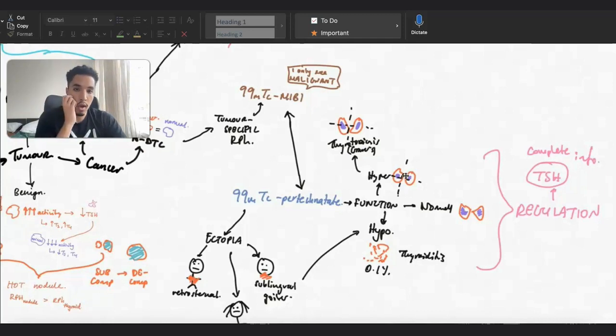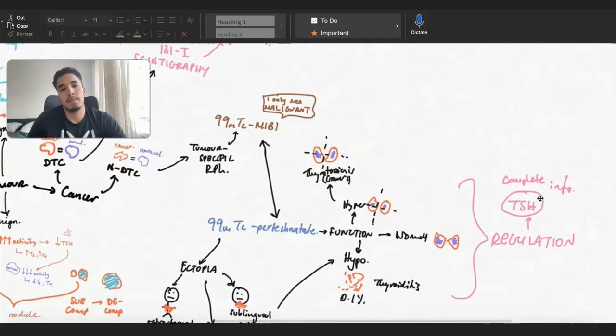Yeah. So just touching on TSH as well. I mentioned before TSH is the main hormone which will activate T3, T4. This is really important because TSH is actually the significant marker with which we can distinguish several types of diseases and cancers from each other, because TSH is basically the whole shebang.